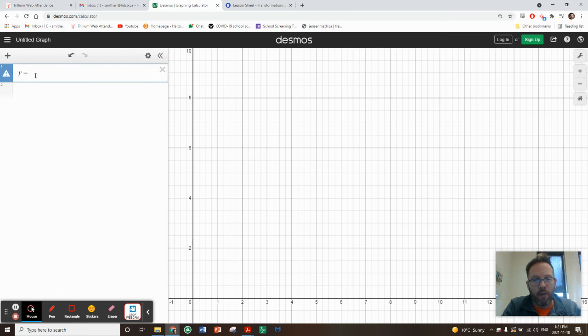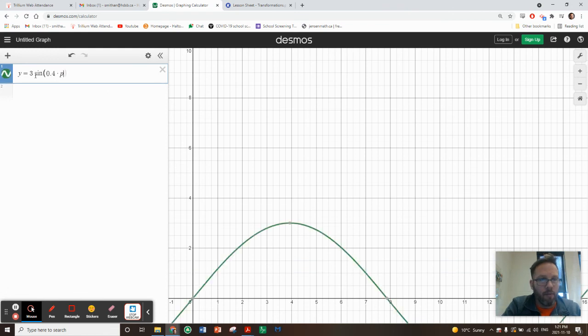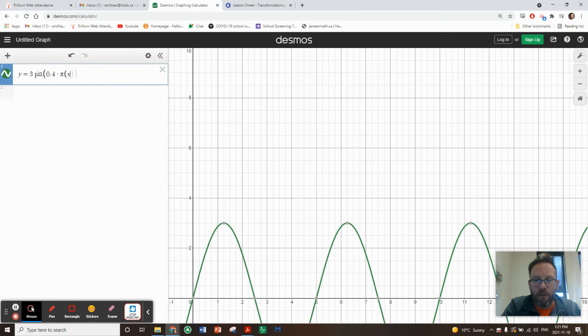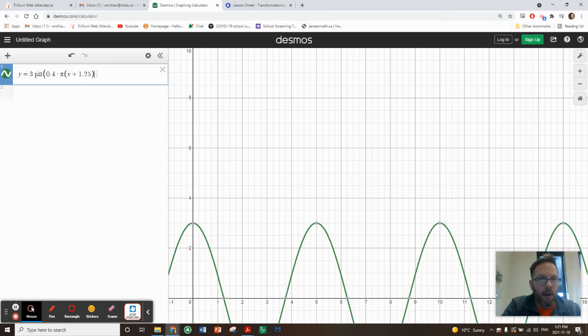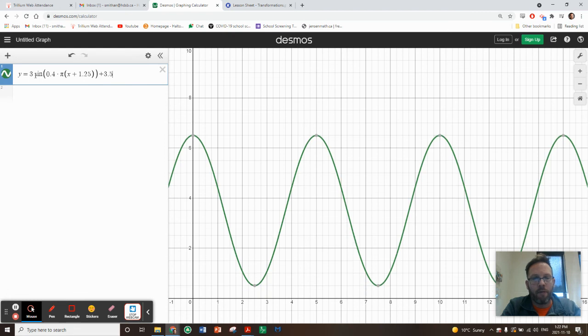Y equals, the amplitude was 3 times sine, bracket, 0.4 times pi, bracket. Phase shift was 5/4. That should be plus 1.25. And then our axis, close that bracket, was plus 3.5.